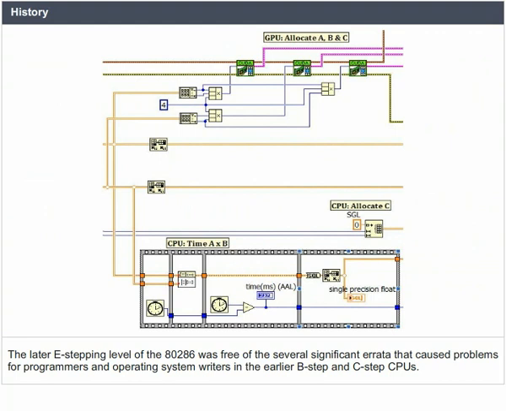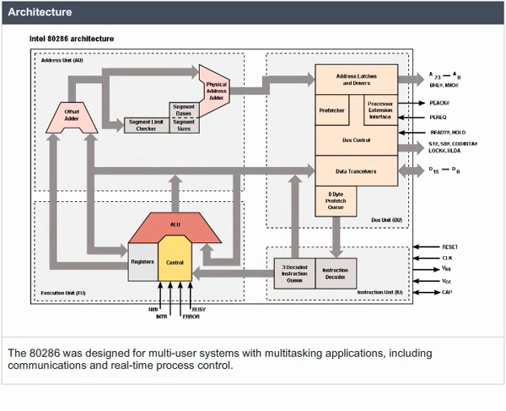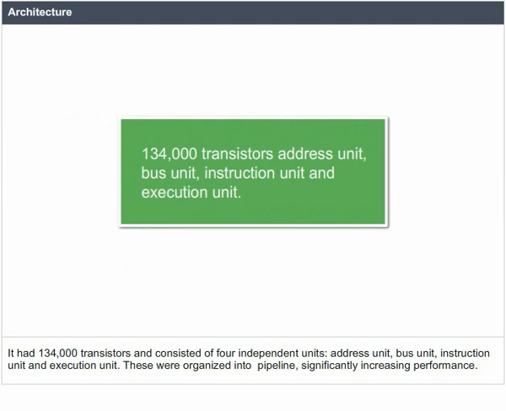Architecture. The 80286 was designed for multi-user systems with multitasking applications, including communications and real-time process control. It had 134,000 transistors and consisted of 4 independent units: address unit, bus unit, instruction unit, and execution unit. These were organized into a pipeline, significantly increasing performance.